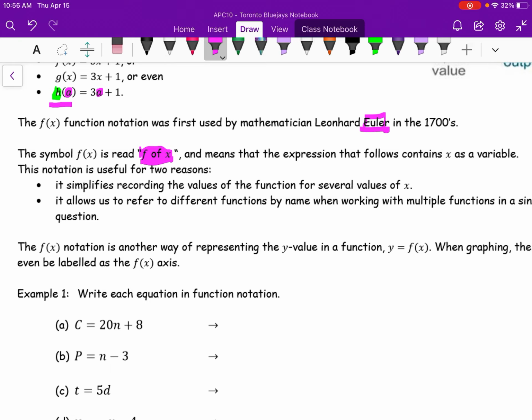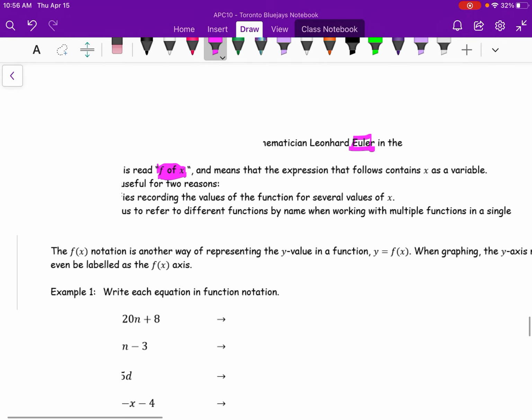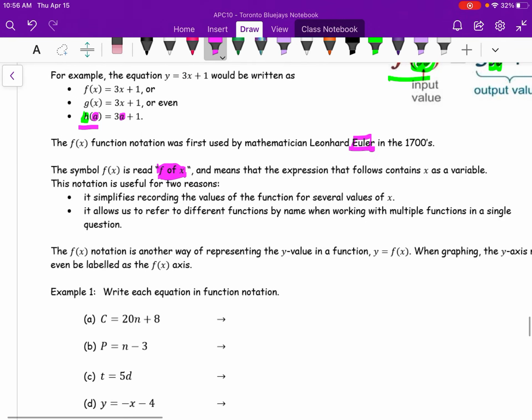So this notation is really useful for two reasons. Number one, it simplifies the recording of the values of the function for several values of x. But more importantly, it allows us to refer to different functions by a name. So if I have one function, I can call it f of x, and if I have to graph a second function, I can call it g of x.